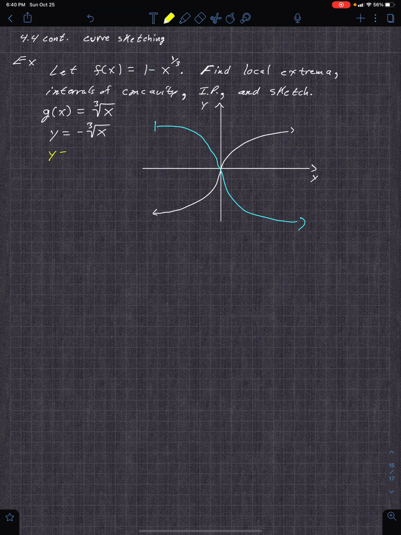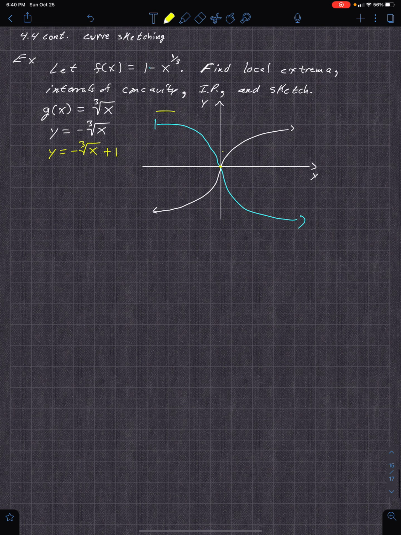If you say y equals negative cube root of x plus 1, it's going to shift everything up 1. So your basic graph is going to be like this. That's what we should end up with: a y-intercept there, a root here, which we'll calculate pretty quickly, and it looks like we're going to get an inflection point somewhere in here.